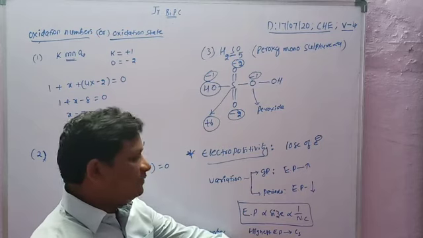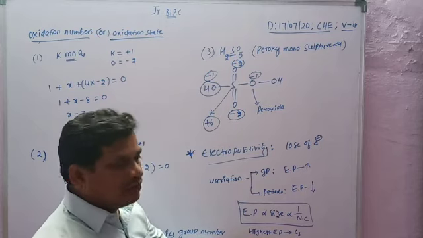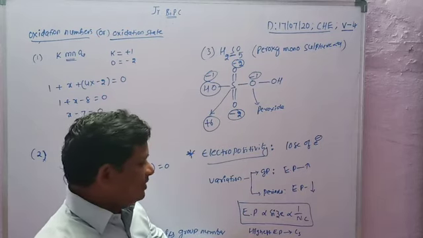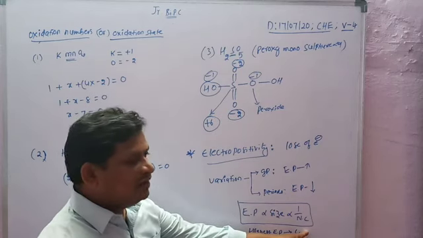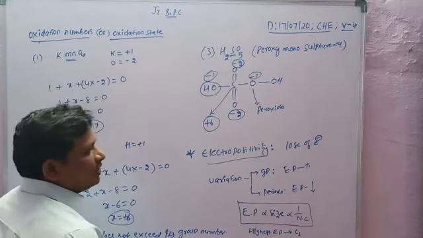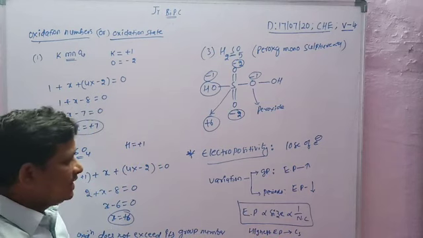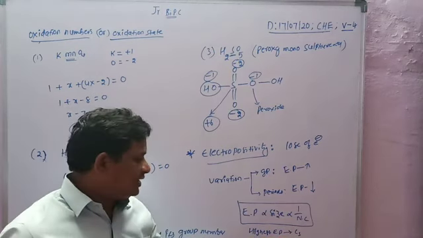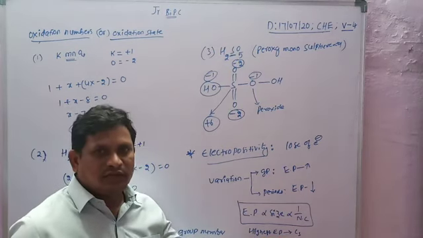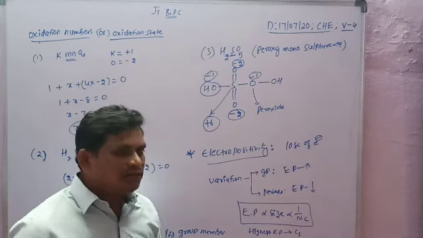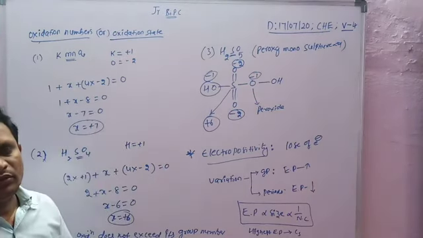More electronegativity means less electropositivity; less electronegativity means more electropositivity. So that is electropositivity.